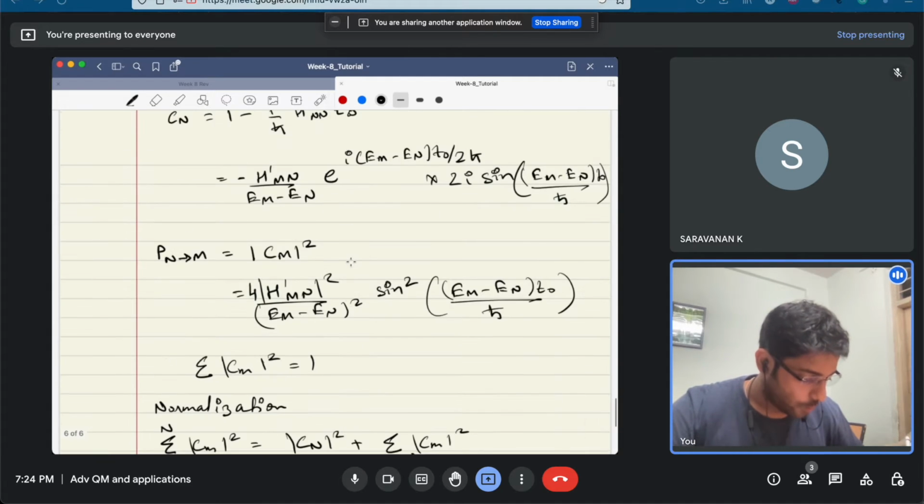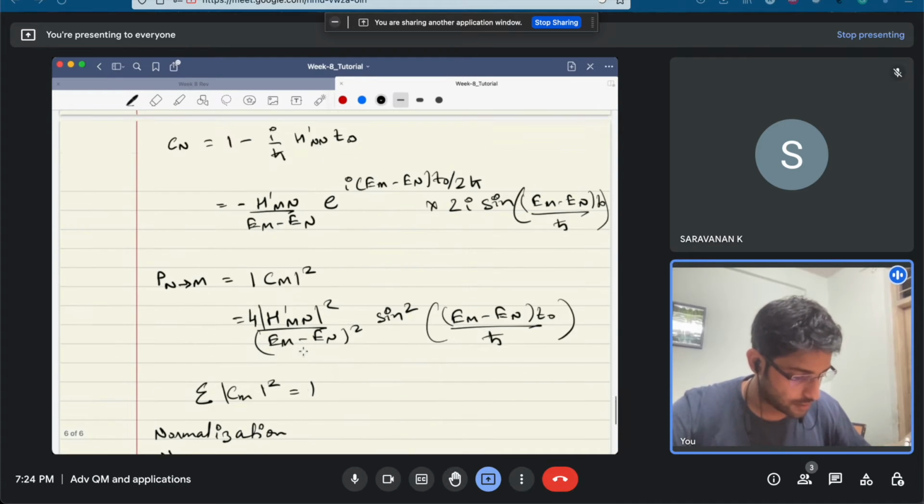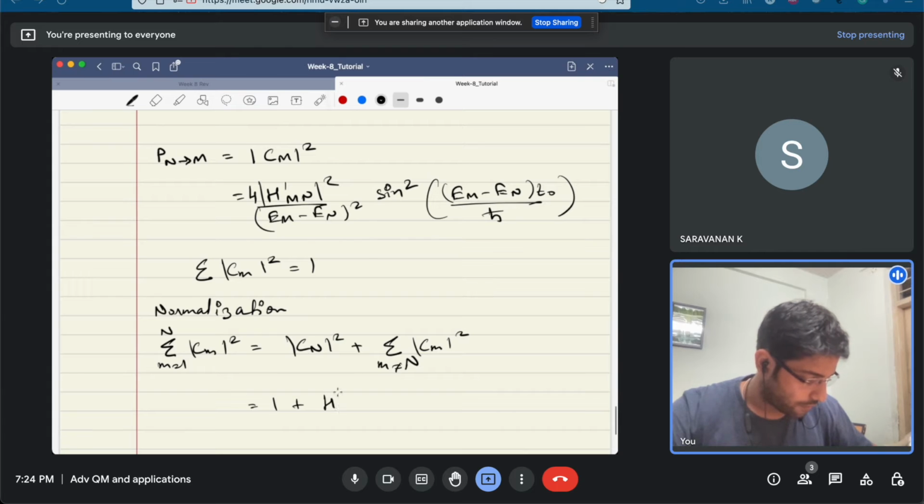Now when you take the mod square of that, you get 1 plus |H prime nn|² t naught square by h bar square, and we have a sum over m.